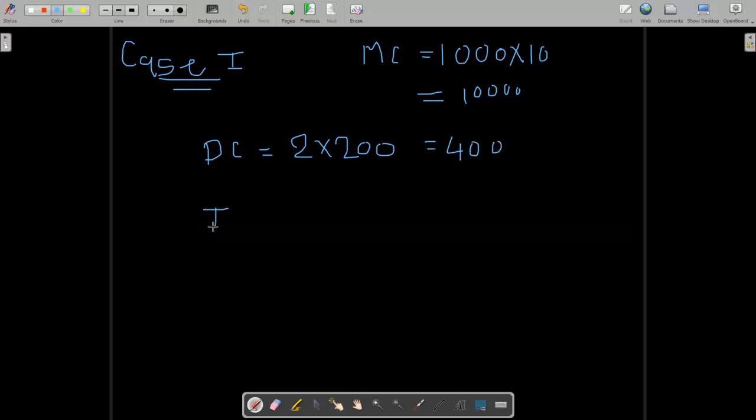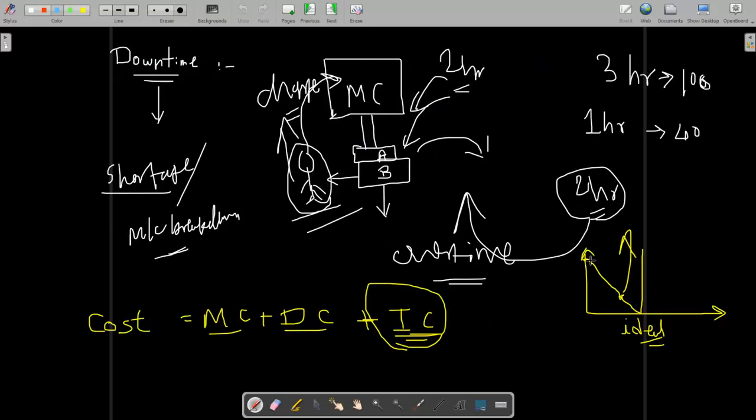Now inventory cost. And one more thing I forgot to tell you, that in case of inventory, we will consider this triangle, and we will not take this triangle as a whole as an inventory, but we will take half, okay, because it is continuously decreasing. So we do not pay for this whole inventory. As time goes, our inventory will decrease, so the handling charge will also decrease, but initially it is high.